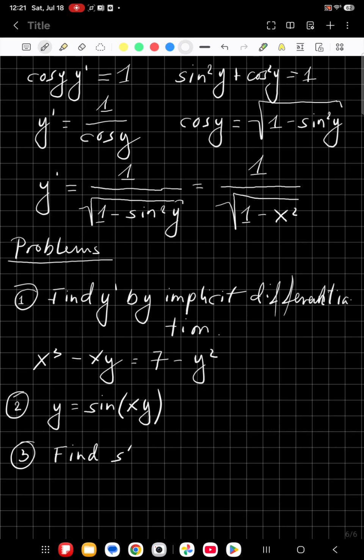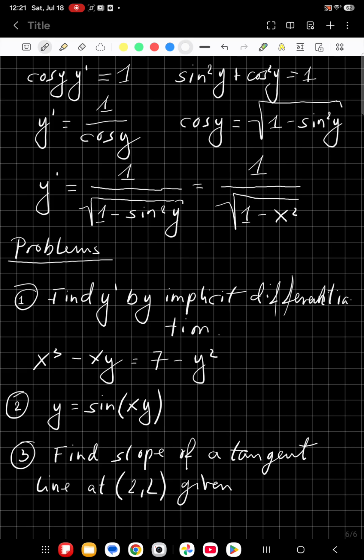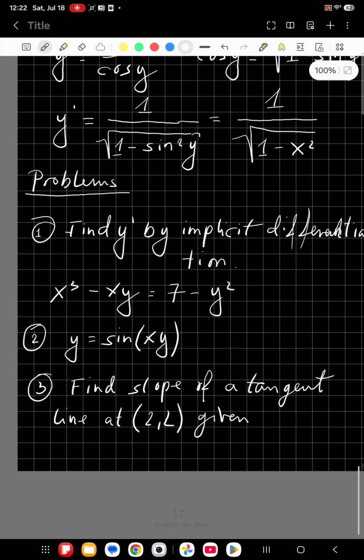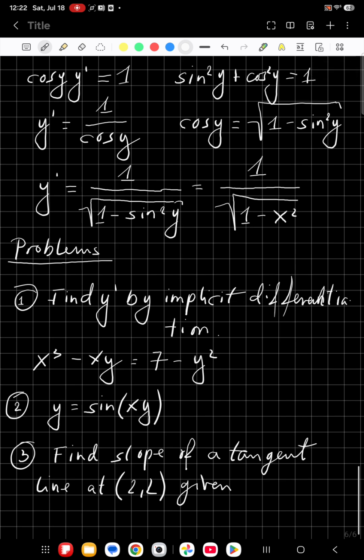Find the slope of the tangent line at the point (2, 2), given the equation 4 minus x times y squared equals x cubed.